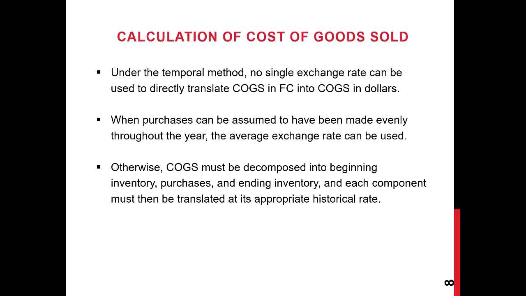What date's rate will I use? The day I purchased the inventory, the day I sold the inventory, the day I recorded the cost of goods sold? The day you purchased it. I'm not talking about inventory, I'm talking about the cost of goods sold. We will follow the same. Historical means the day we purchase.